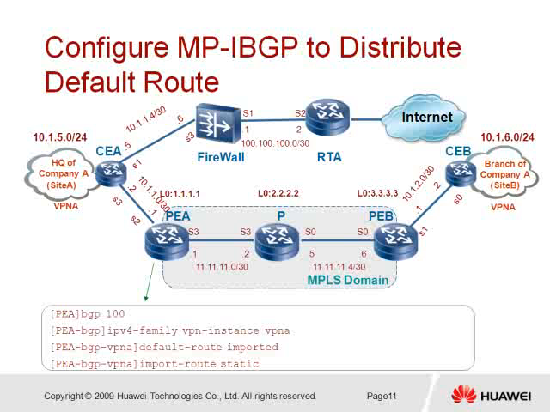If we use the command network on NE40E to import the static default route into BGP, do we need to use the command default-route imported? When you have hands-on practice, you can have a try, and then you can know the result.